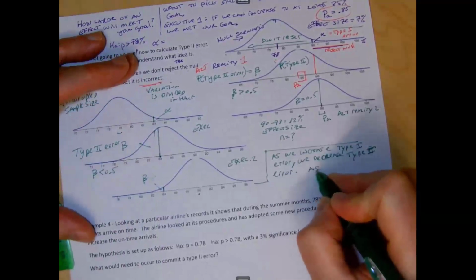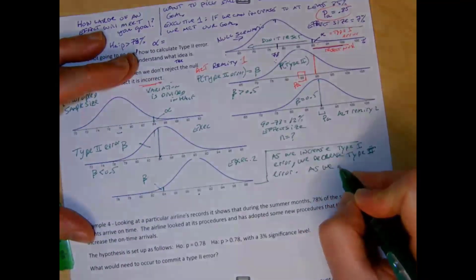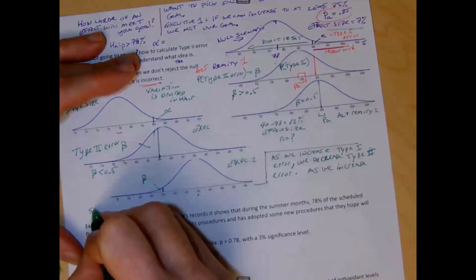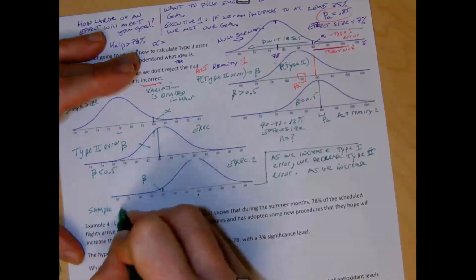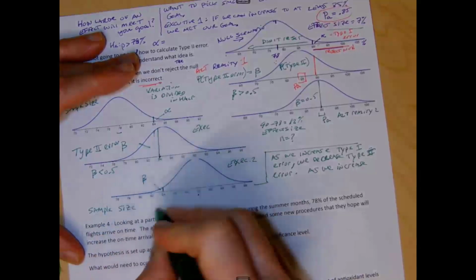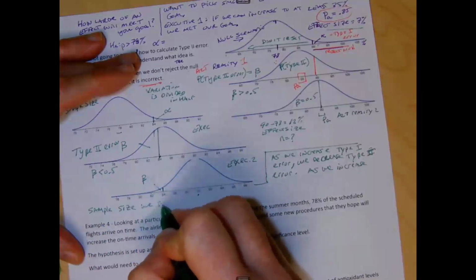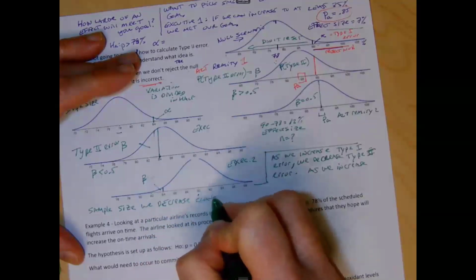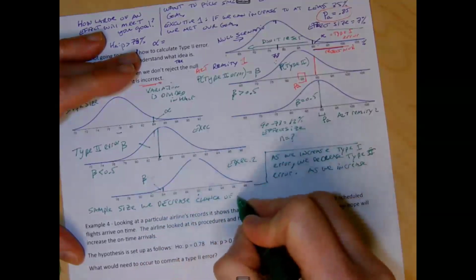As we increase sample size, we decrease the chance of making a type 2 error.